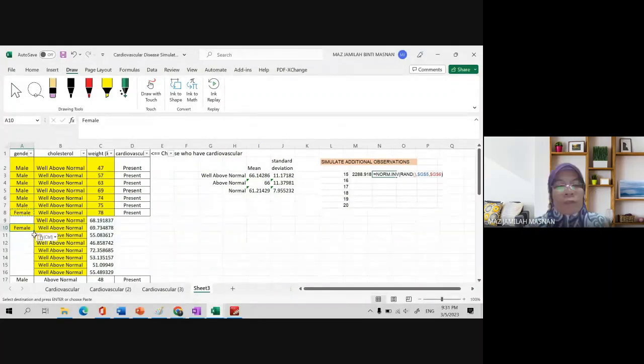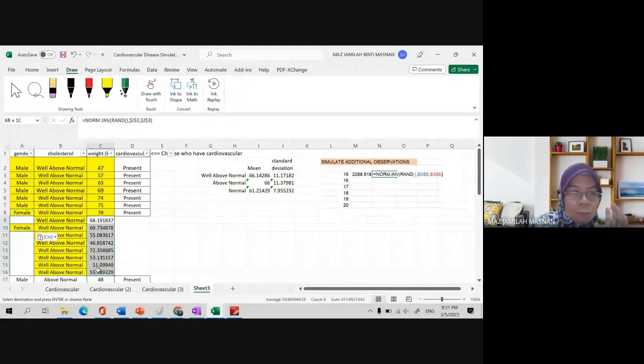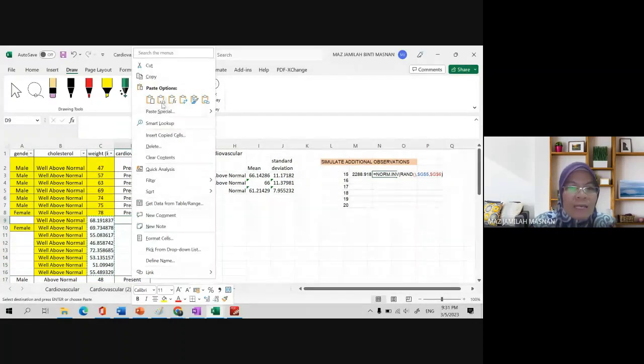Now, in order for you to keep the value so that it won't change every time you make some changes, what you can do is highlight, Control C to copy, and then when you paste, you have to paste as value.